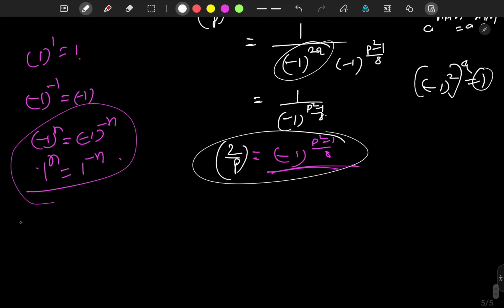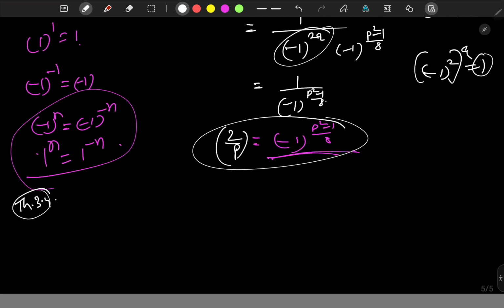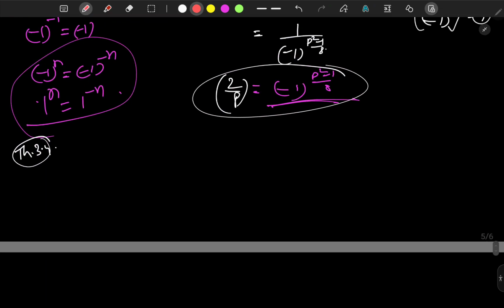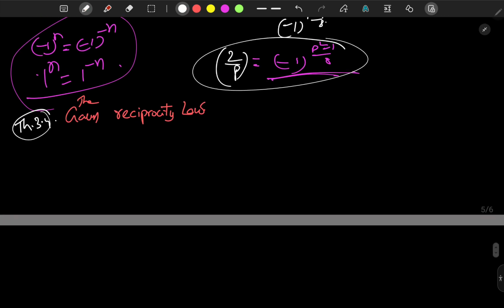So the next theorem is theorem 3.4. What does theorem 3.4 say? We call this the Gauss reciprocity law. Okay, let's write neat handwriting.